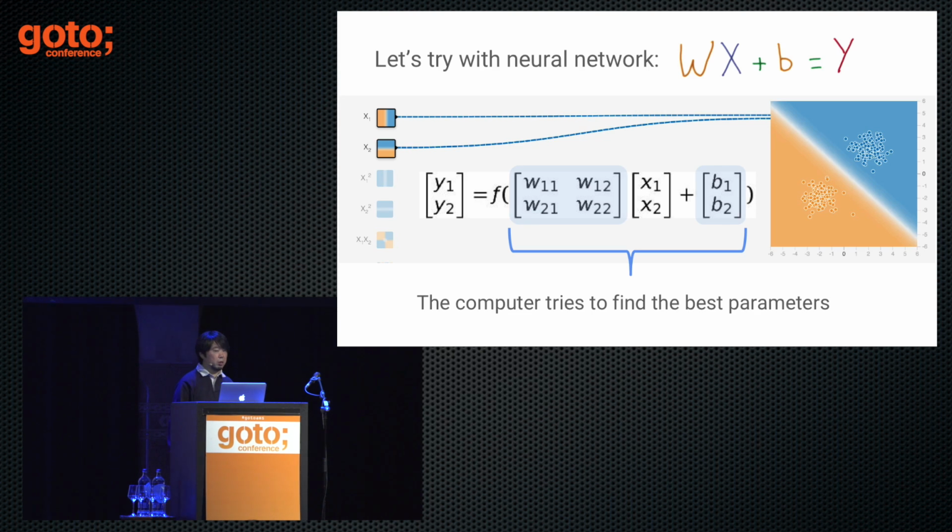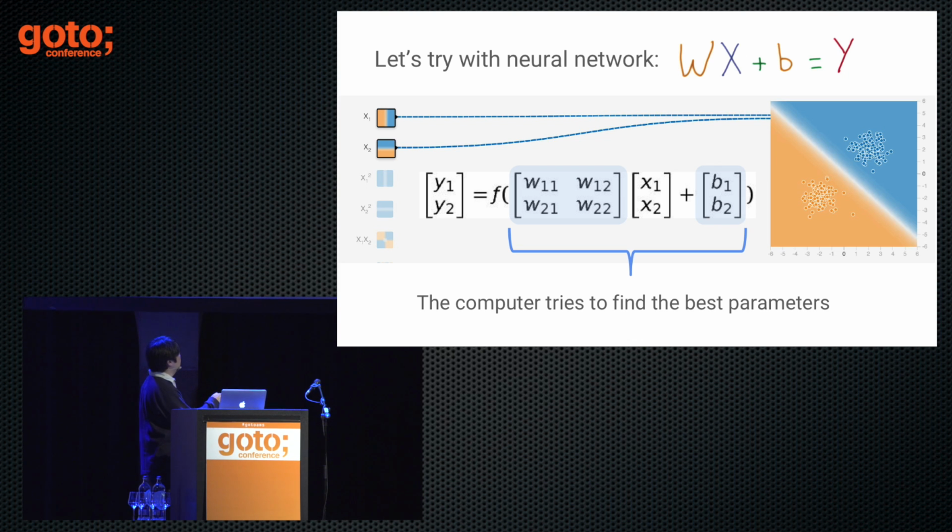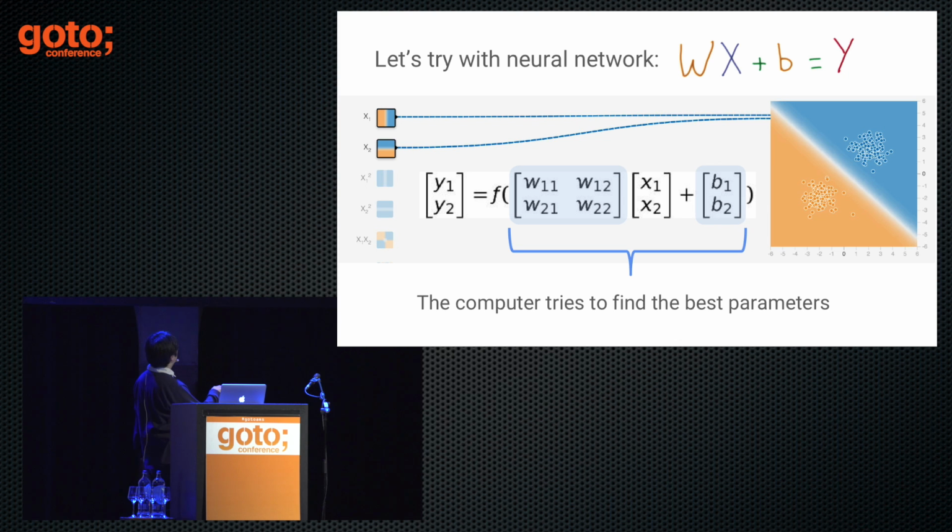If you try to use neural networks to do this problem, then you can just apply the same equation, wx plus b equals y, to do the classification. So you are putting the weight number and height number here as a vector, and you will get an output vector like this, where if a single data point is classified as an adult, then you would have one here.